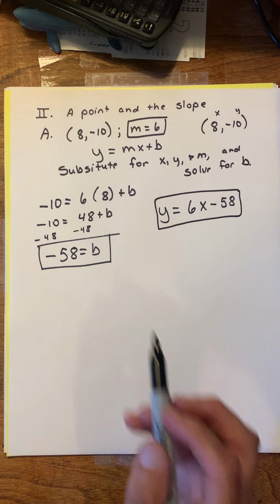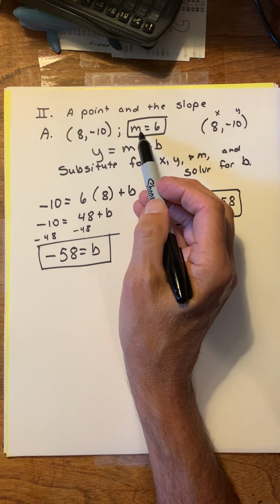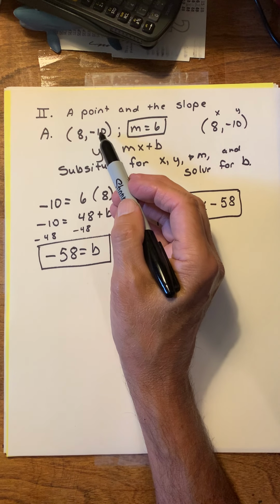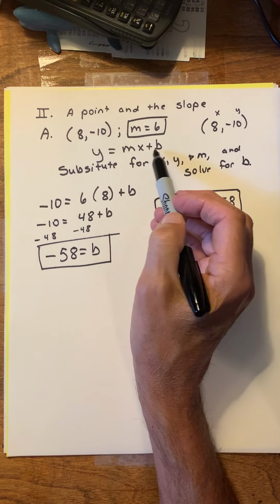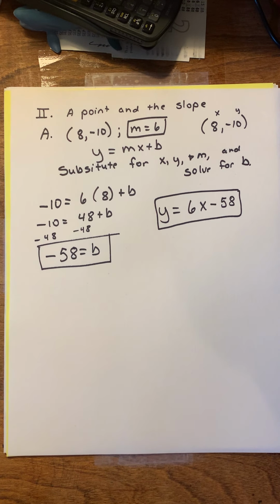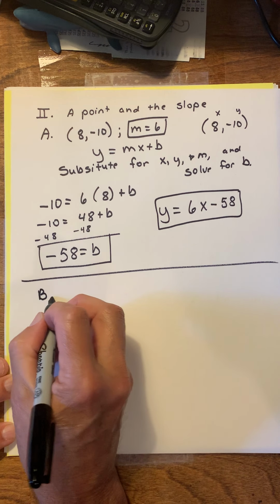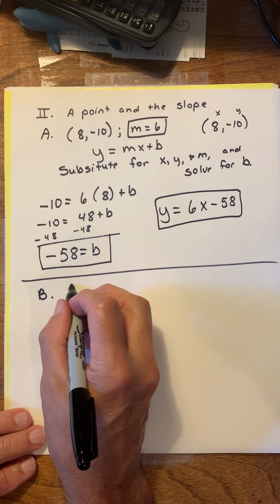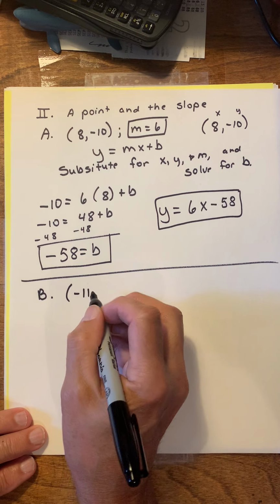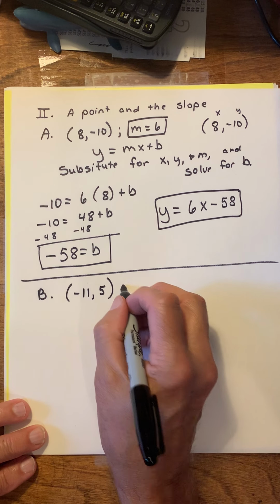How about that? So if I've got a slope and a point, I have a slope and an x and a y. In other words, in my equation here, I have everything but b. Substitute, solve for b. Okay, let's try another one. This is one right off your homework, which means it's probably not going to come out even.